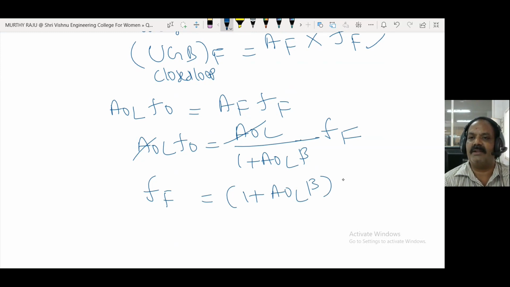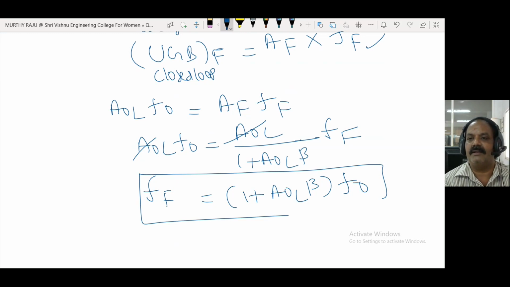F naught is the bandwidth of the non-inverting amplifier without feedback. FF, the bandwidth with negative feedback, is increased by a factor 1 plus AOL into beta.